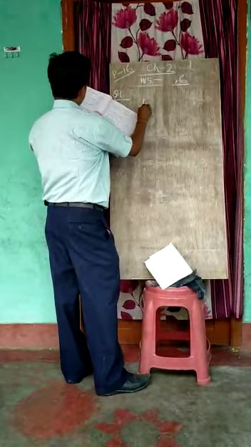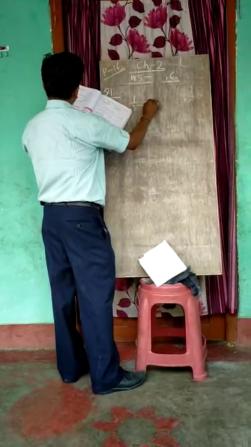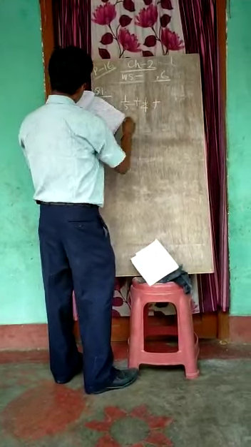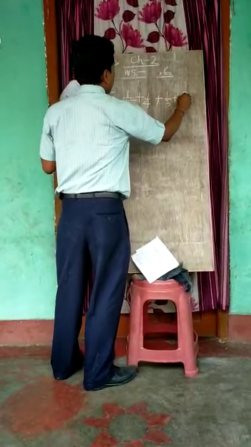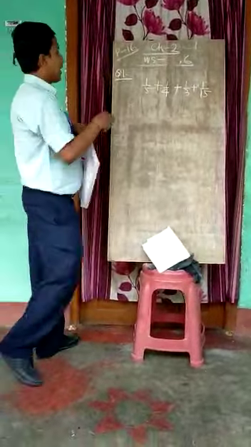Rohit donated 1/5 of his monthly income to a non-government organization, plus 1/4 on food, plus 1/3 on rent, plus 1/15 for other expenses. So first find the sum.